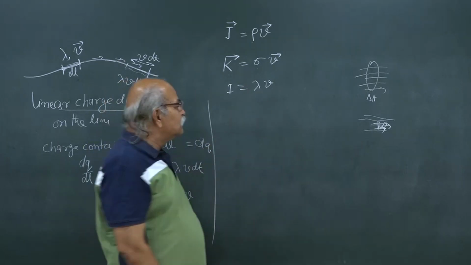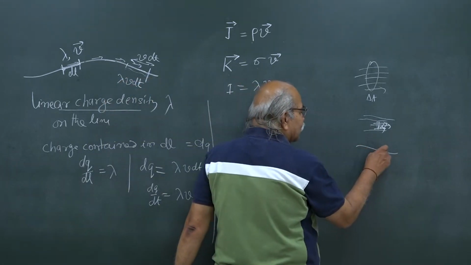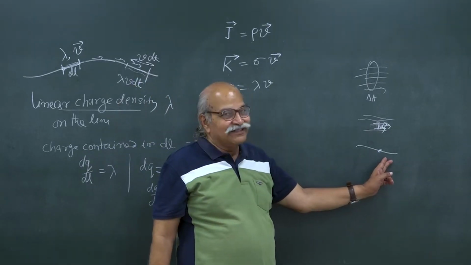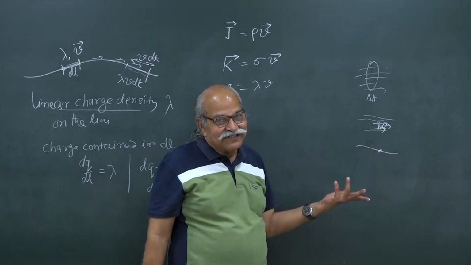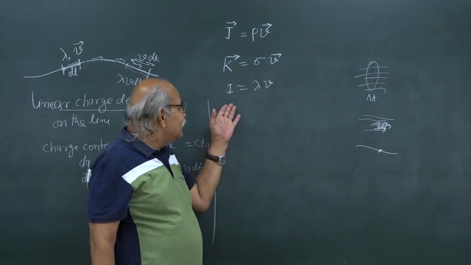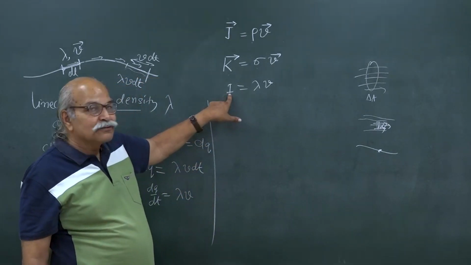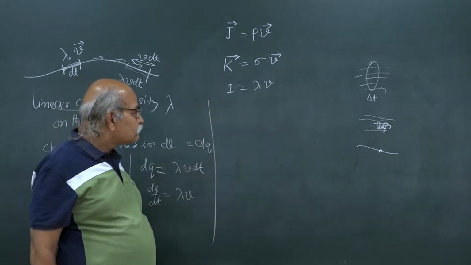But now here you only have a point, so I cannot divide by anything. How much charge is going from this side to that side per unit time, that is the current, that is it. Therefore, we do not define any linear current density; it is the current itself through that point.